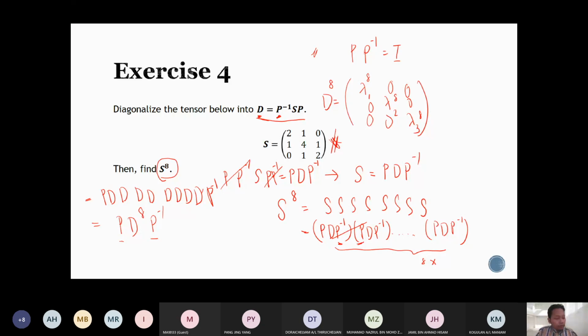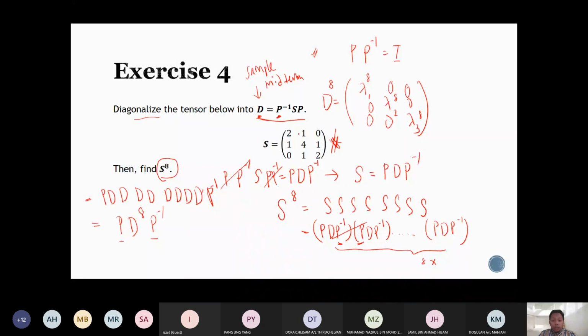So I think that's it for today's class. Any questions? Another thing is that finding the diagonal matrix is also in your sample midterm. So you can look at the sample and try to do the exercise. This also appears in the midterm and also the final exam later.